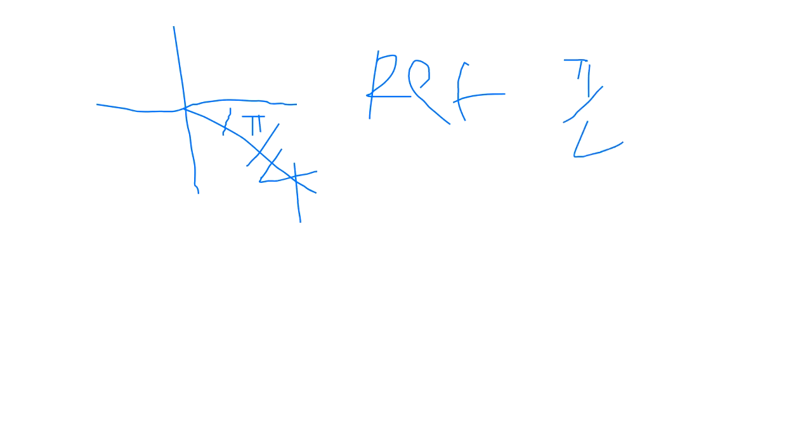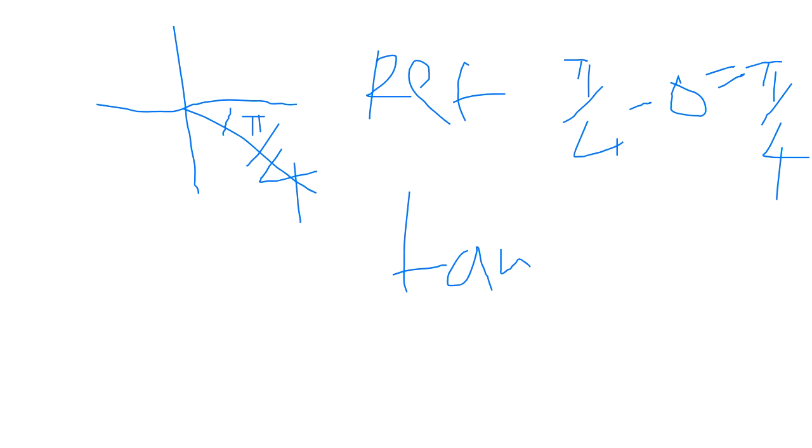The closest one is 0, so it will be positive pi over 4. Is that clear? So when you're calculating, use the reference angle. Even though it's tan of negative pi over 4, you know that the reference angle is pi over 4. So tan of pi over 4 is 1. Have you seen that? But in the fourth quadrant, tan is negative. So it's going to be negative 1. It's as simple as that.